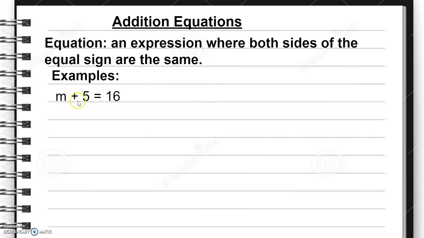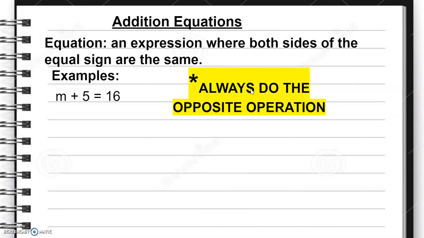Let's say you have m plus 5 equals 16. You need to always do the opposite operation. So what is the inverse operation of addition? That would be minus. But what number is with that operation? If you have plus 5, you now need minus 5.